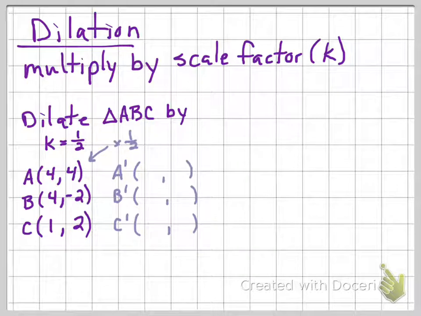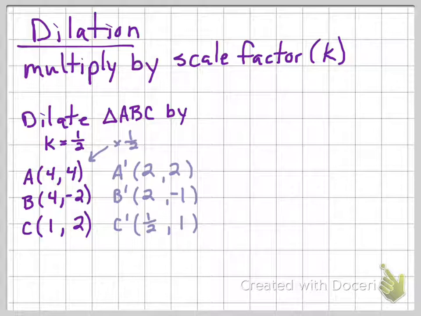But remember that times 1/2 is the same as divided by 2. So 4 times 1/2 is 2. Then I go to the next 4. 4 times 1/2 is 2. Another 4 times 1/2 is 2. Negative 2 times 1/2 is negative 1. 1 times 1/2 is 1/2. And 2 times 1/2 is 1. So these are my coordinates.